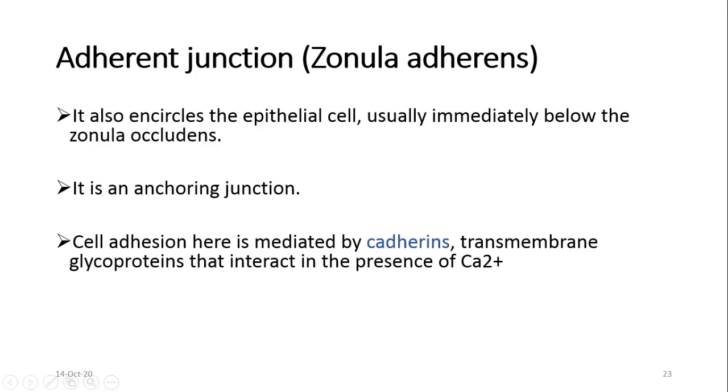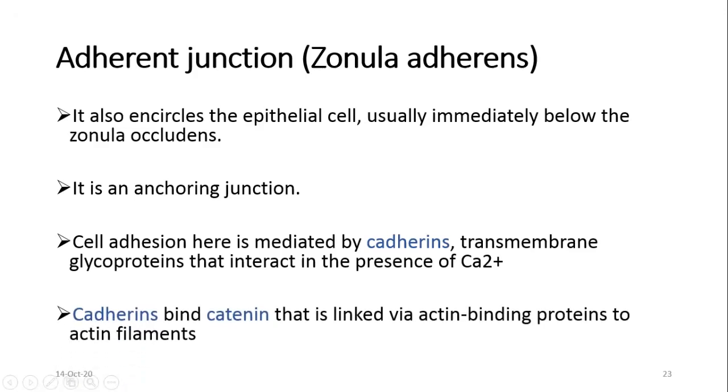Cell adhesion here is mediated by cadherins, transmembrane glycoproteins that interact in the presence of calcium. Cadherins bind catenin on the cytoplasmic side, and catenin is linked via actin-binding proteins to actin filaments.